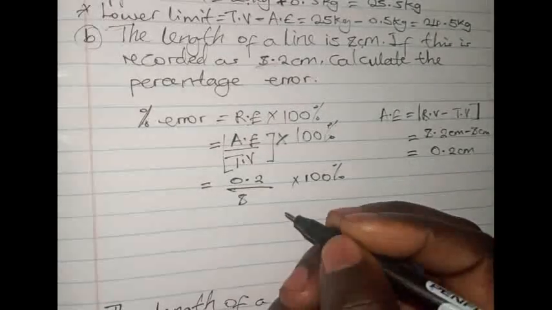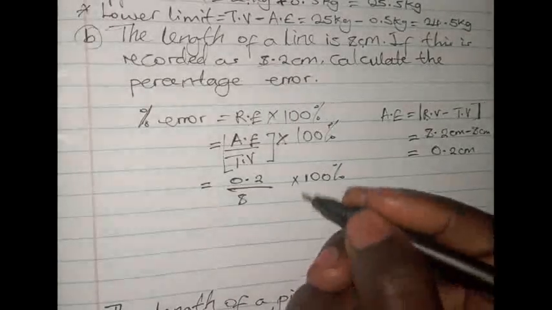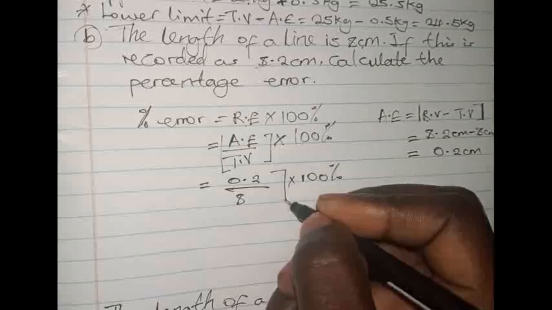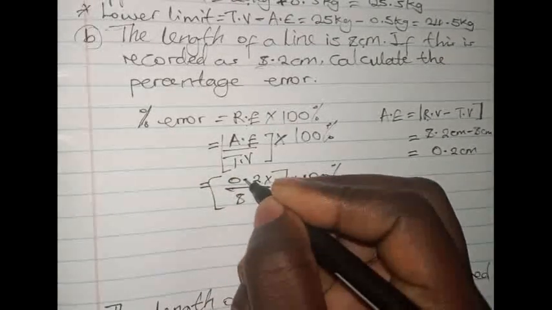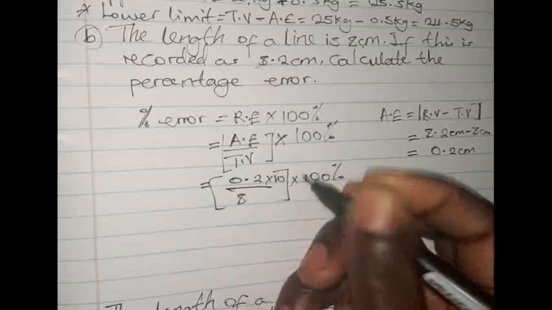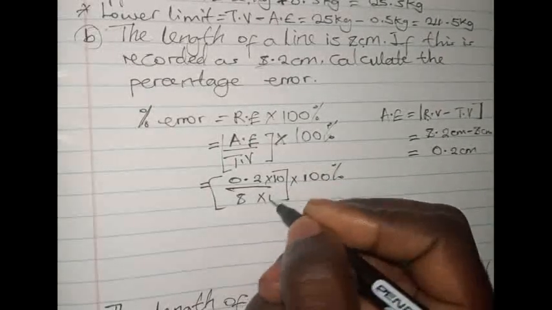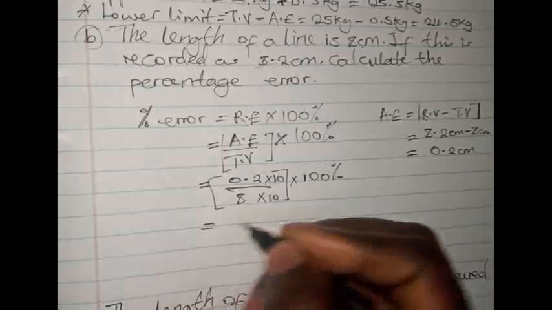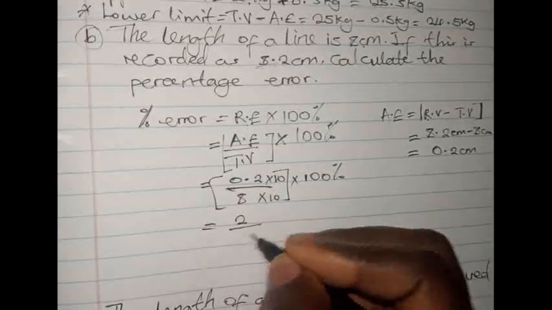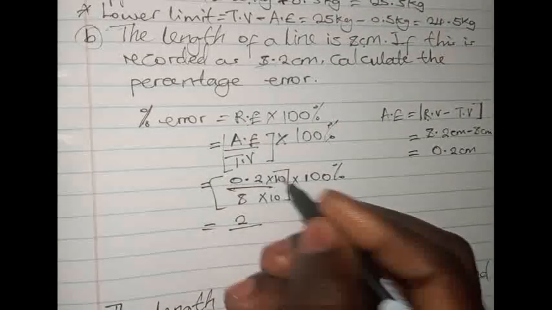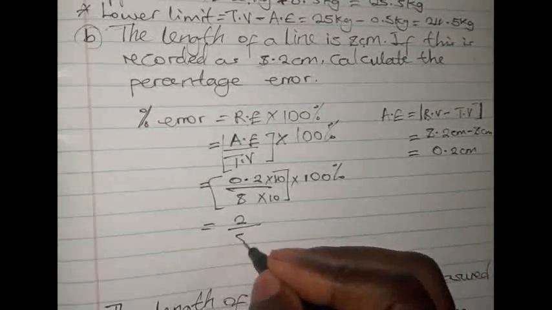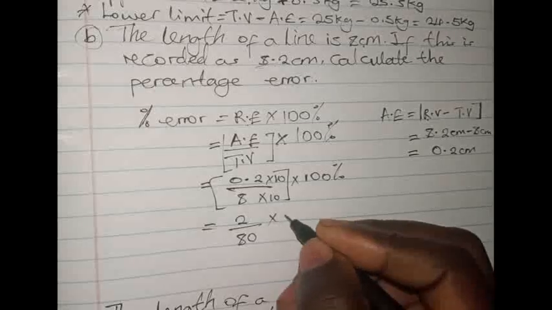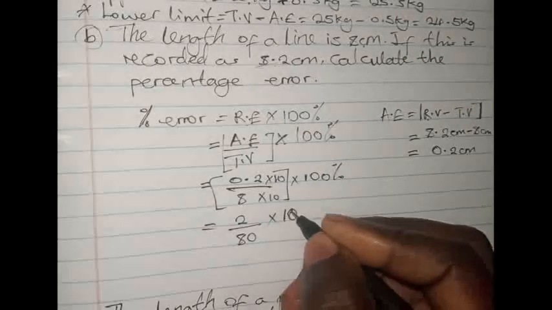Now look at this. To simplify this, we can first find the relative error by multiplying by what? Here you have one decimal place, meaning I'm multiplying by 10. Down here, we do the same, multiply by 10. Then it will give us 2 over 80, multiplied by 100%.